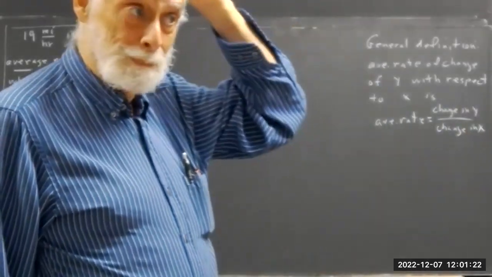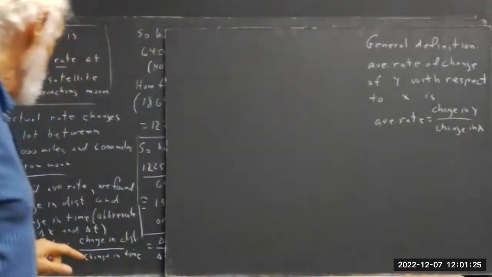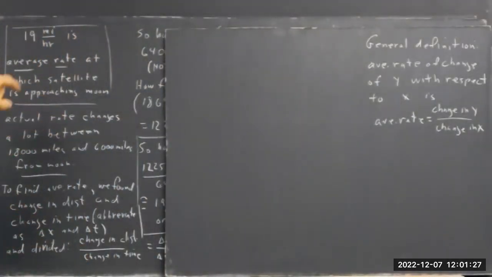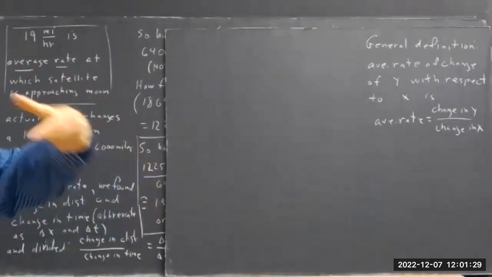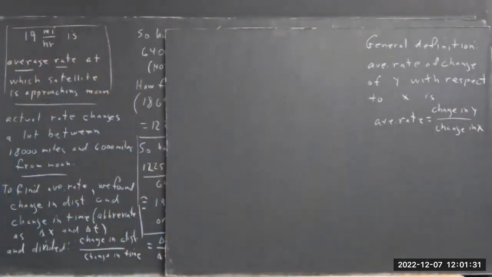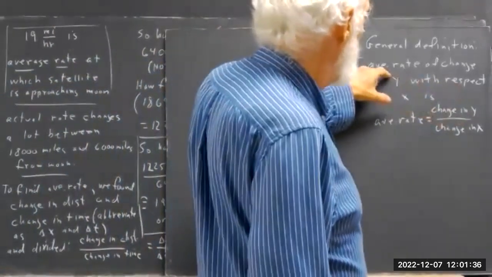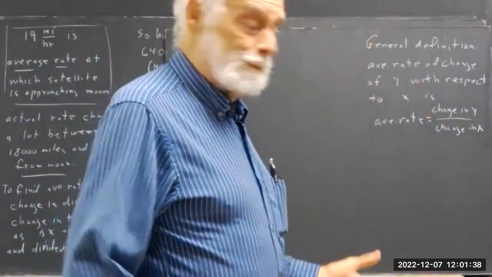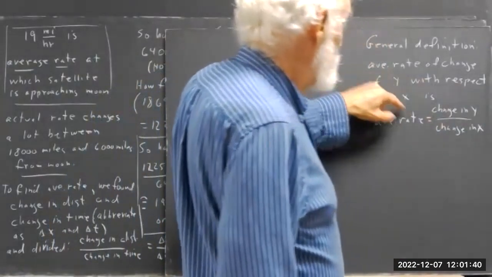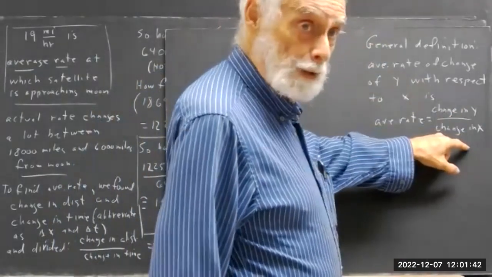That's what we did over here. We wanted to find the average rate of distance with respect to time. In general, whatever y is, whatever x is, it's a change in y over change in x.